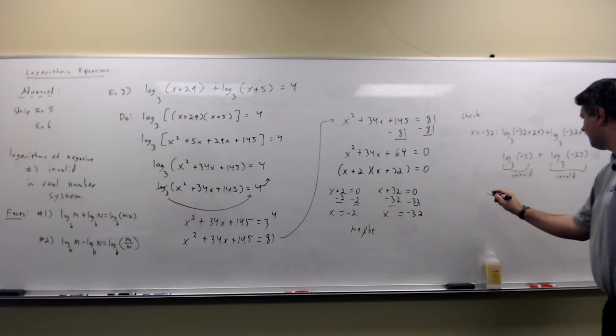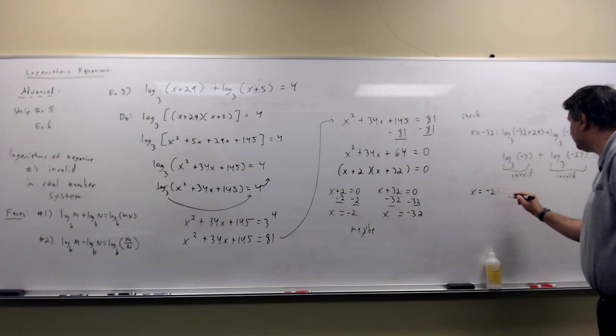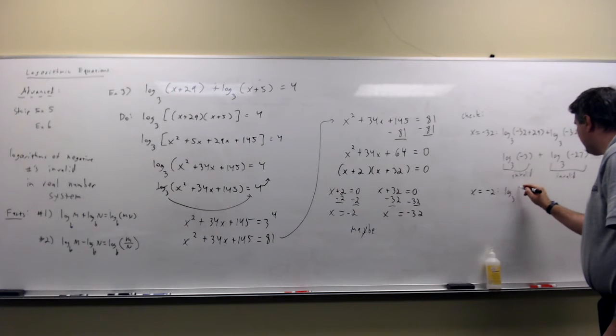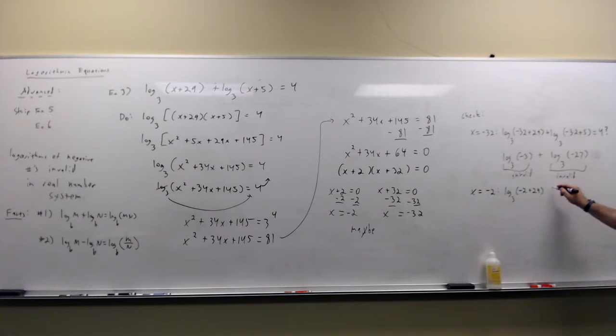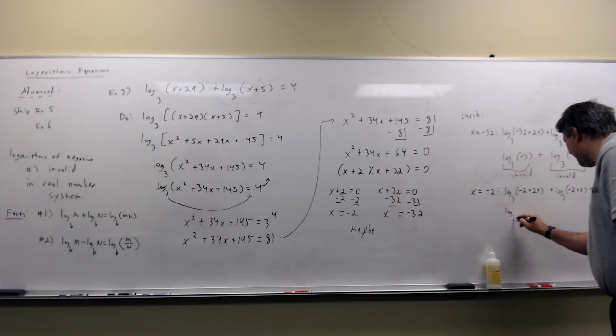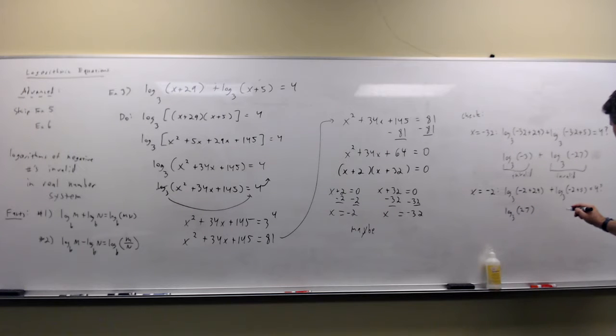Next we'll try x equals negative 2. Log base 3 of negative 2 plus 29 plus log base 3 of negative 2 plus 5. I want to know if it equals 4. Well, this is log base 3 of 27. This is log base 3 of 3. I don't need to worry about any of the other stuff.